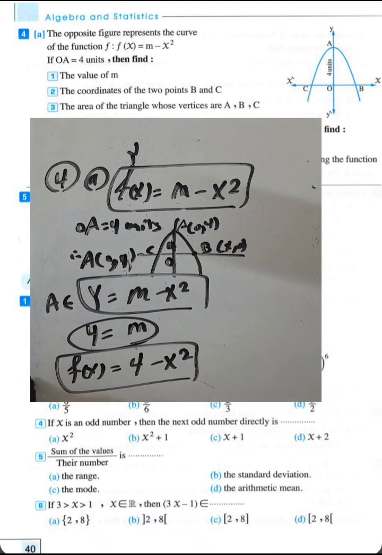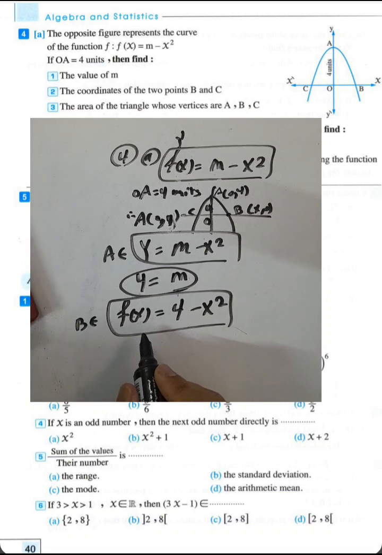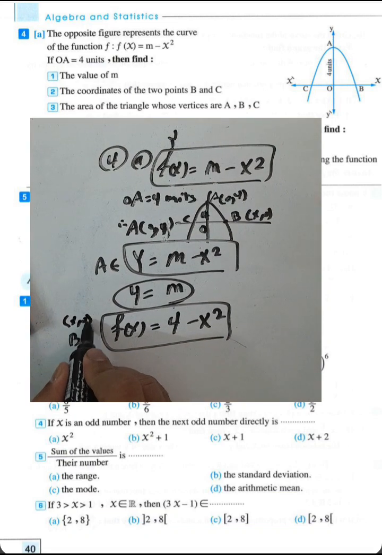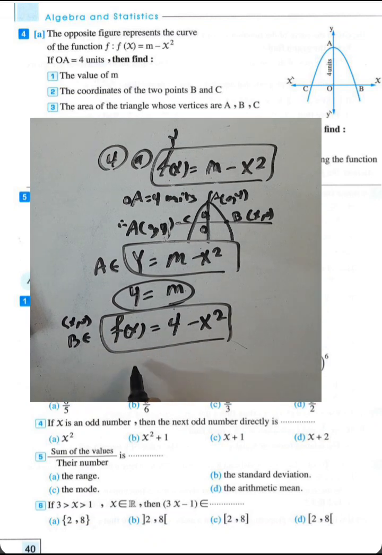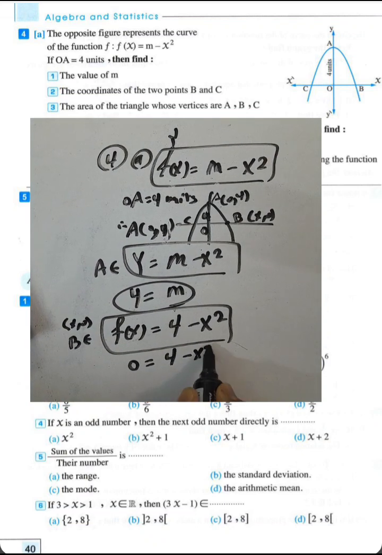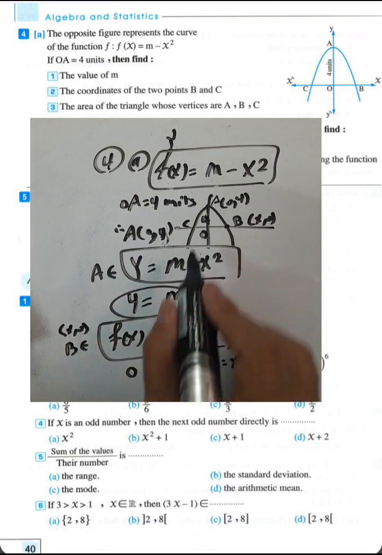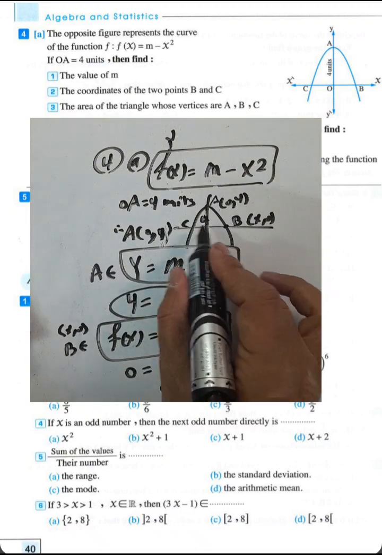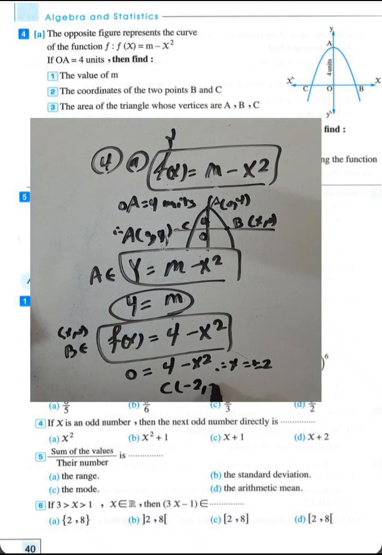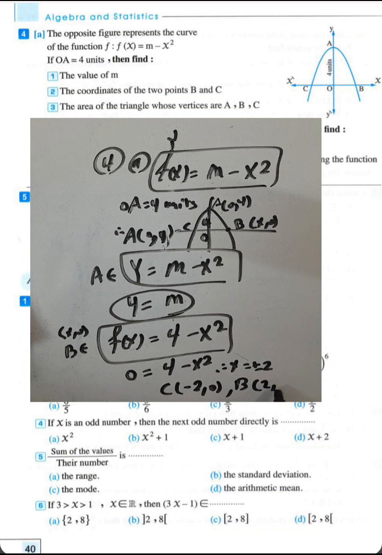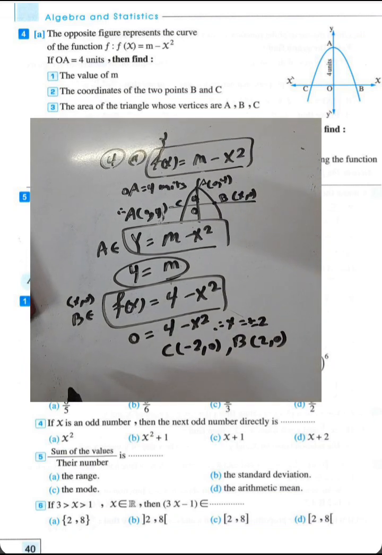B has coordinates (x, 0). Put y equals 0, then 0 equals 4 minus x power 2, then x will be positive or negative 2. Then point C is (negative 2, 0) and point B is (2, 0). Okay, we have 2 points here.